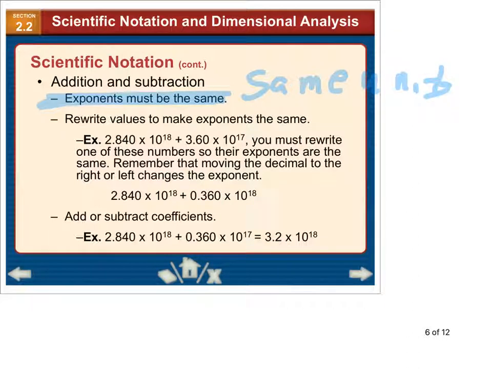If you don't have the exponents the same, rewrite them to make them the same, then you just add or subtract the coefficients and keep the exponent. We'll be doing some examples in class, but that's the key thing to remember: your exponents must be the same.